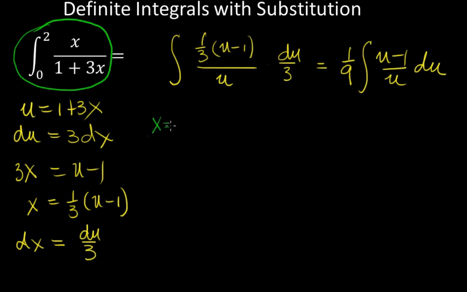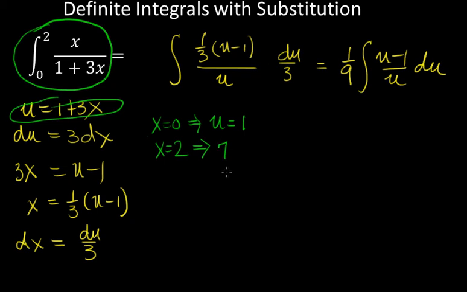So if x is equal to 0, using our u substitution, u is equal to 1 plus 3 times 0, which is 1. And if x is equal to 2, the upper limit of integration, our u limit will be 1 plus 3 times 2, which is 7.